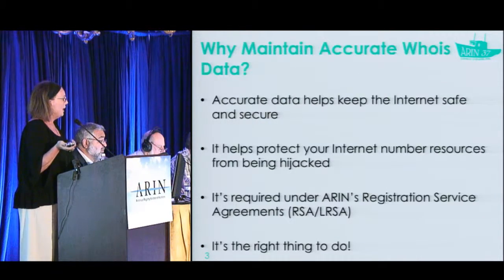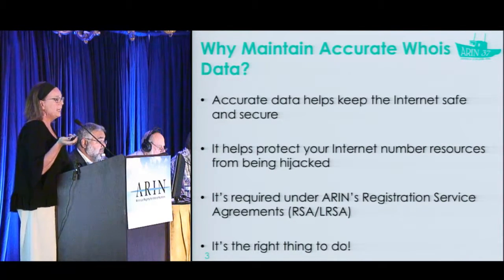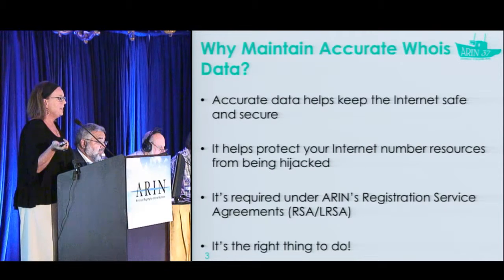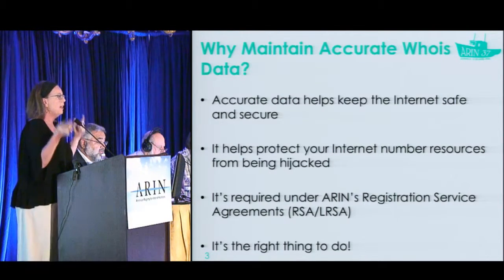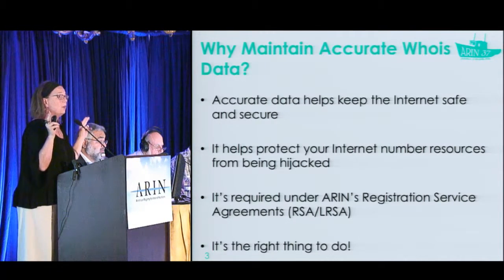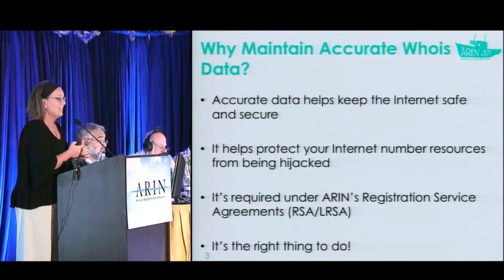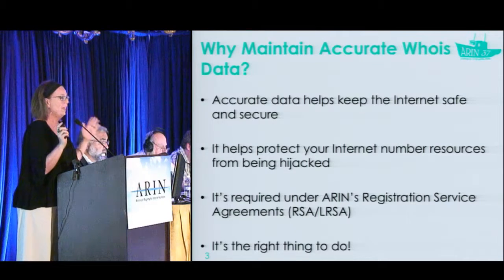So why is it important to maintain accurate Whois data? I threw out a couple of reasons that came right to the top of my head. Accurate data helps keep the internet safe and secure. Everyone knows who's using number resources and who is responsible for them. It helps to protect your internet number resources from being hijacked. When records are out of date, hijackers are looking directly for that type of information.